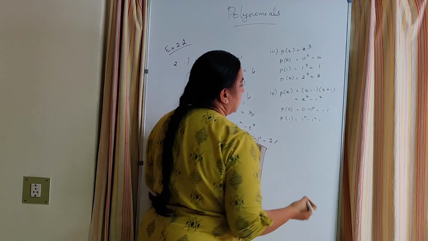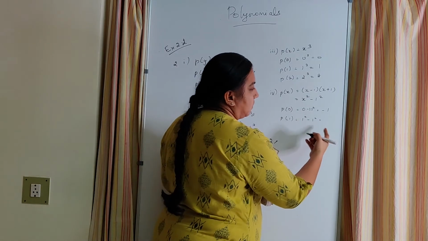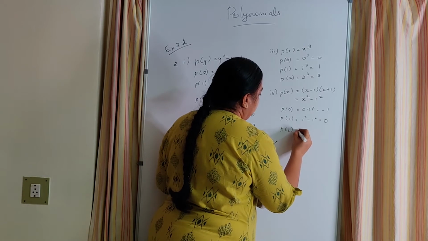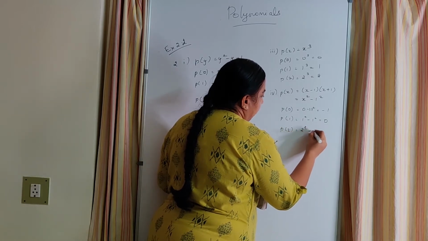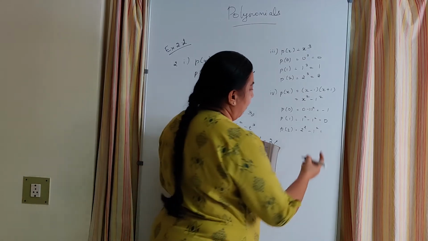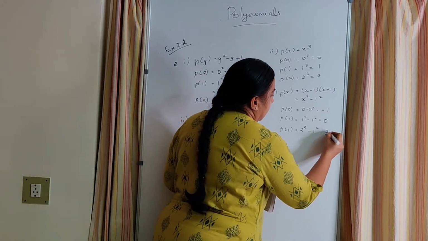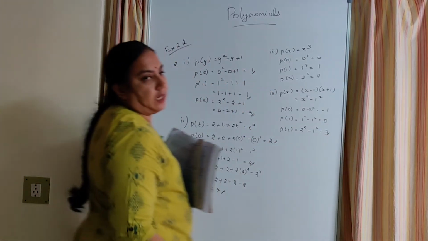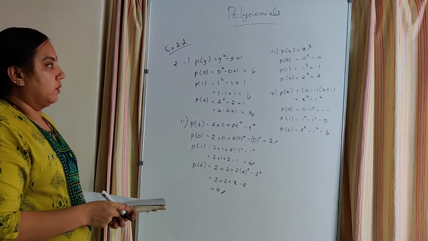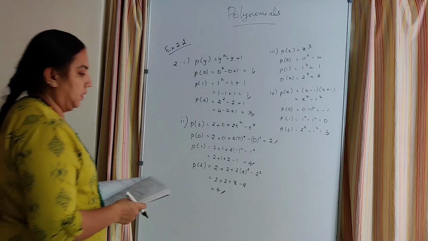So this becomes 1 minus 1, so it becomes 0, and P of 2 is equal to 2 square minus 1 square. So 2 square is 2 2s are 4, 4 minus 1, 3. That's it. With that, the second sum also is over. We will go to the third sum now.